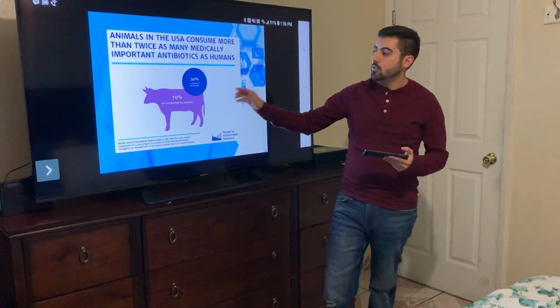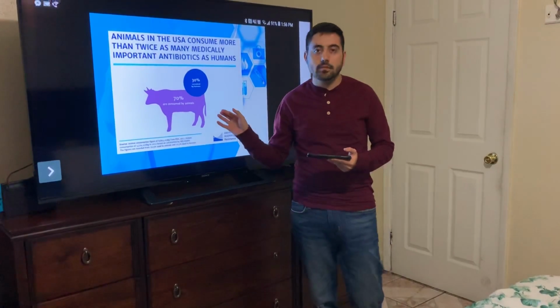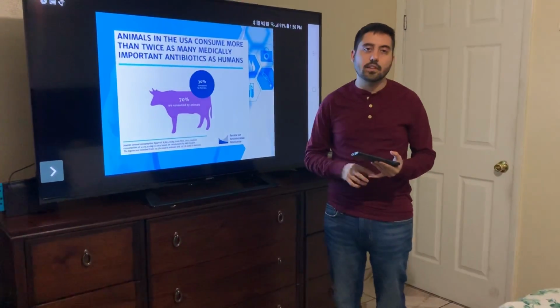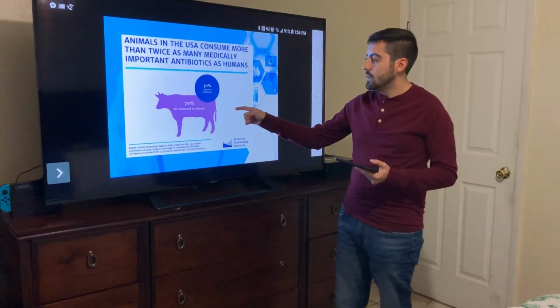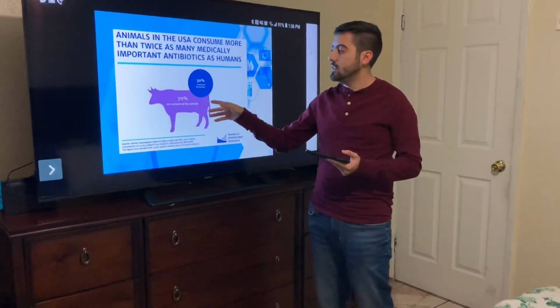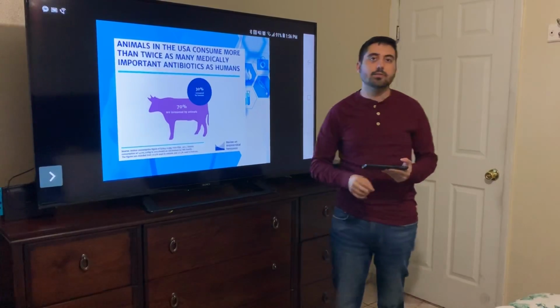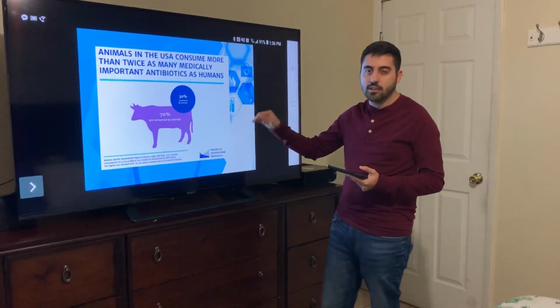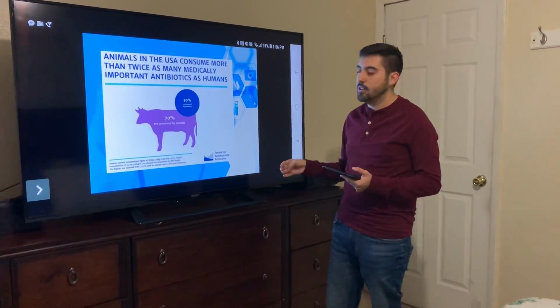We lose a lot of livestock to diseases while they're growing, so we pump a lot of these antibiotics into livestock to increase the yield of meat we can get. The more animals we have that don't die, the more meat we have.